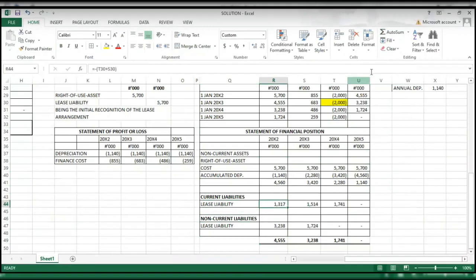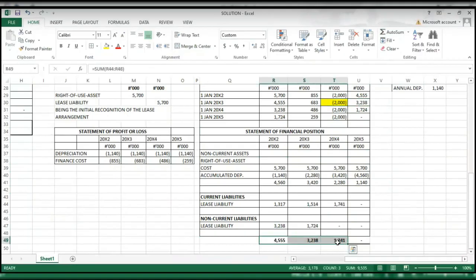The current element is the amount of money you want to pay in 1 year's time, less any interest element on that money. Then the closing balance of non-current liability is the amount that is payable at the end of the following year, because if this is current, then the other one will be non-current as it is beyond 1 year.